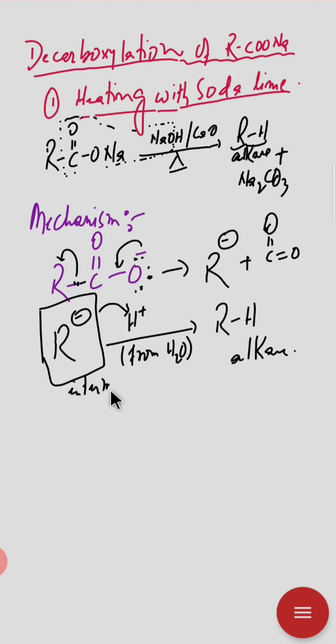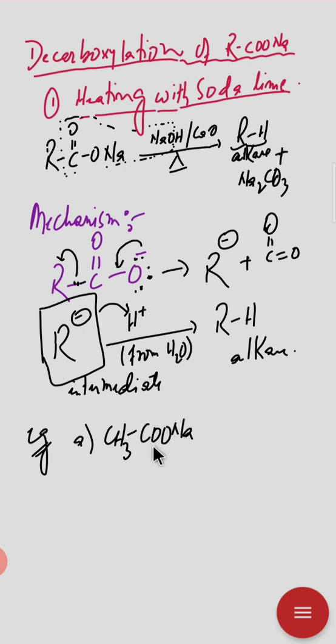So let me write some examples here of this reaction. First example is CH3COONa, and if it is heated with sodium hydroxide and calcium oxide plus heat, then what will happen? This whole thing will go out as sodium carbonate, right?